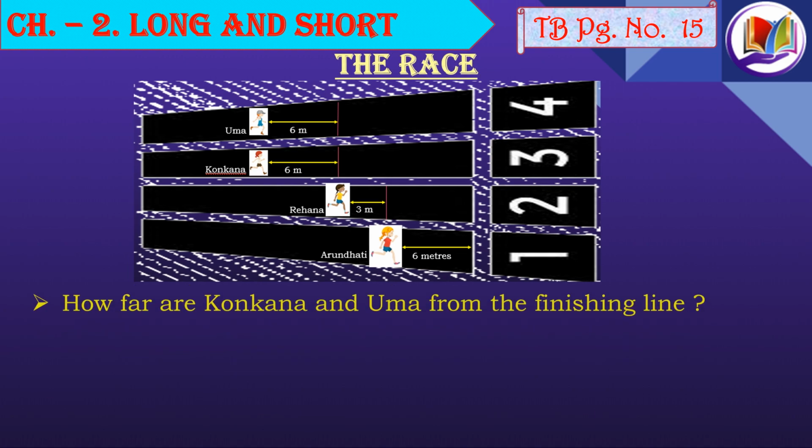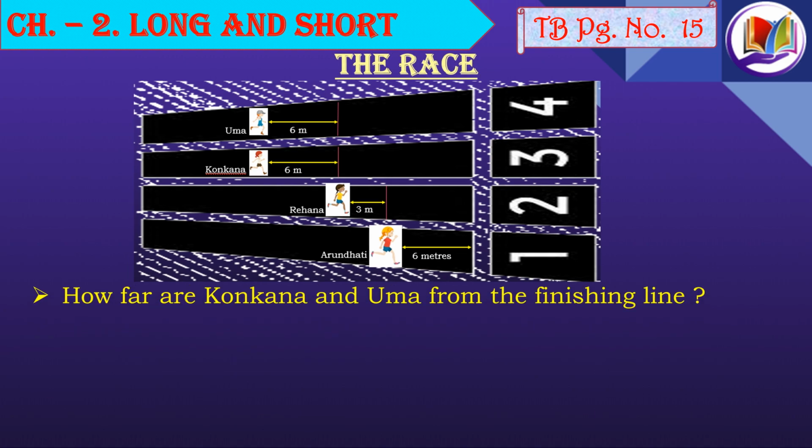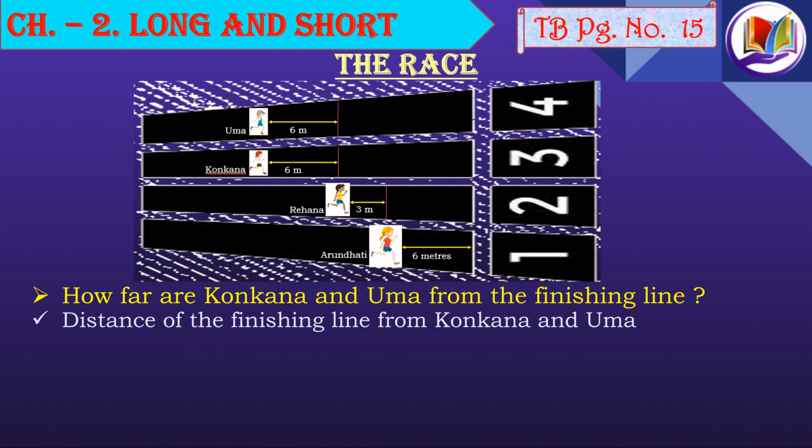So here comes an interesting question now, children. Observe carefully the colors I have used for answering it and then pause the video if you need to understand and then proceed further. Here, how far are Konkana and Uma from the finishing line?